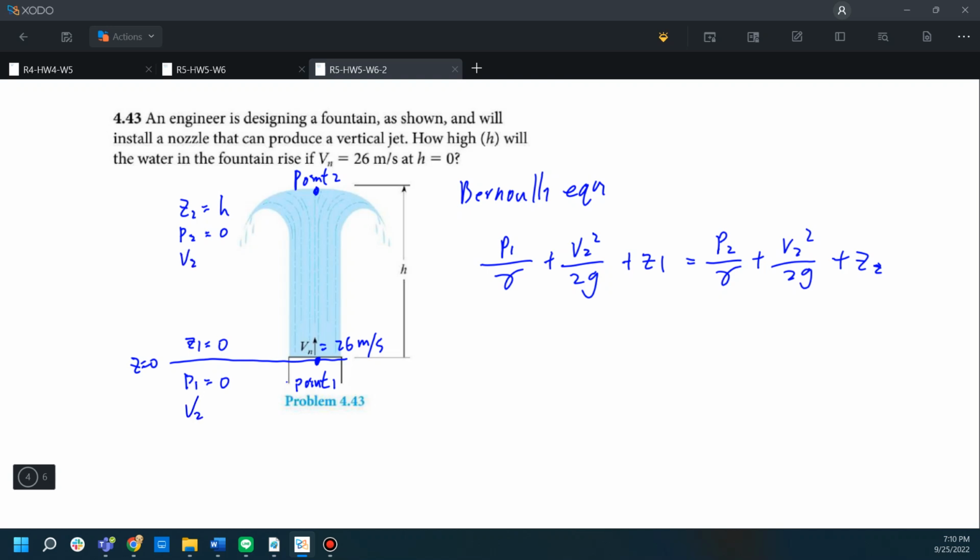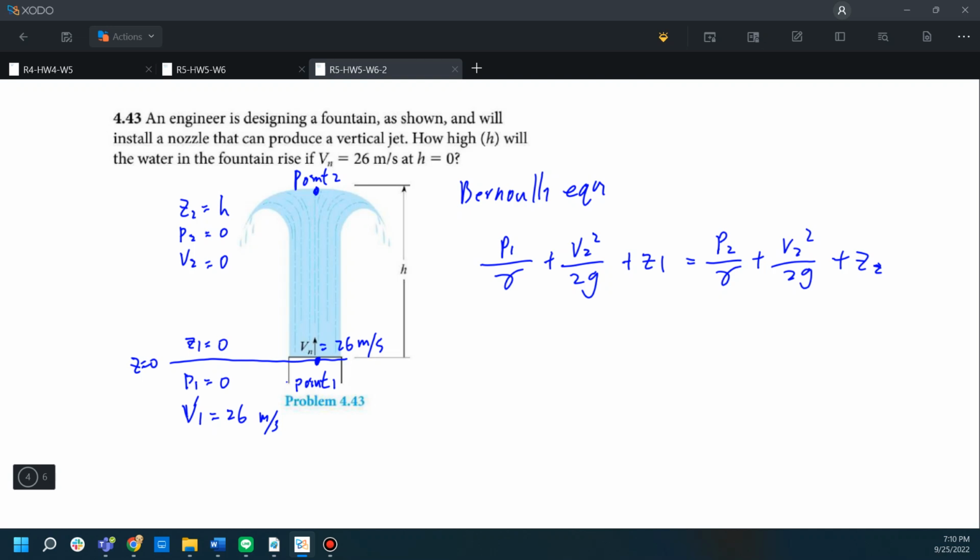The velocity at point 1 is already given by the problem, that is equal to 26 meters per second. And the velocity at the highest point of this jet is obviously equal to 0 because it already reached the highest point.